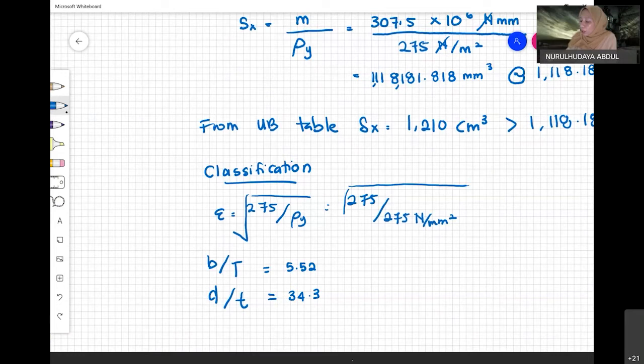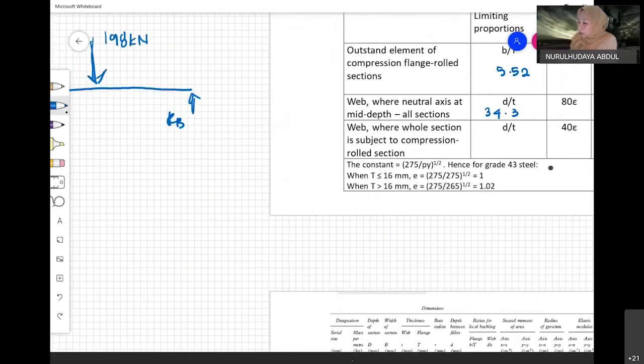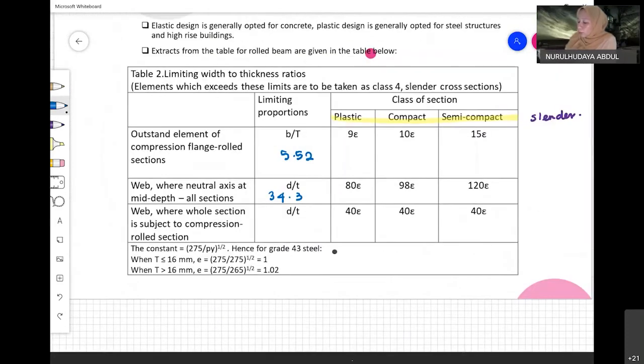Tapi kalau awak punya py tu 65 tak sama. So that's why kita kena tengok juga that P tu. Kalau dah terlebih besar, so py awak obviously bukan 1. Bukan 265, bukan 275. So mungkin awak punya constant ni bukan 1 lah, mungkin 1 point something something. So I dapat 1 kat sini. Constant ni 1, 9 times 1 so 9 lah, and 80 times 1 also 80.